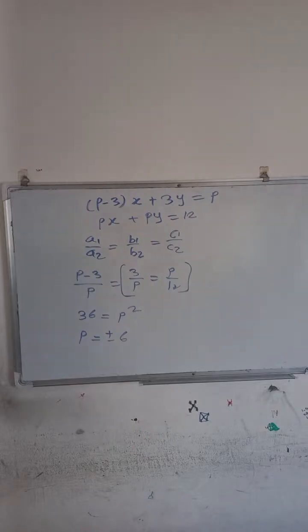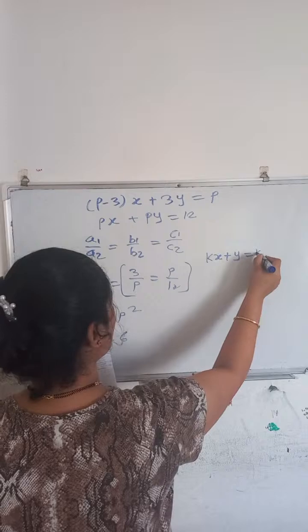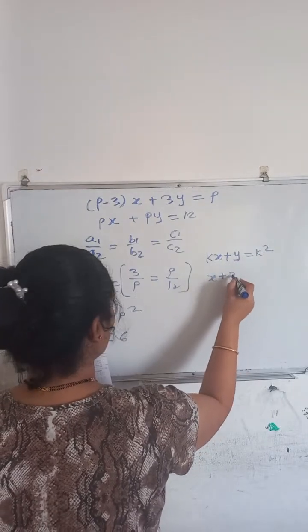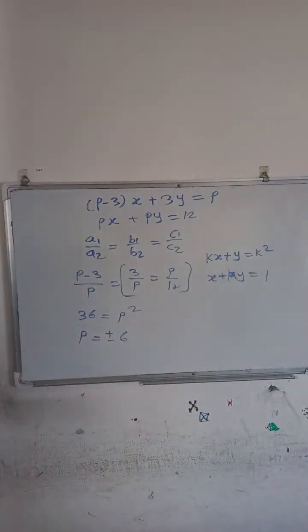Find the values of k for which the pair of linear equations kx plus y is equal to k square and x plus ky is equal to 1 have infinitely many solutions.